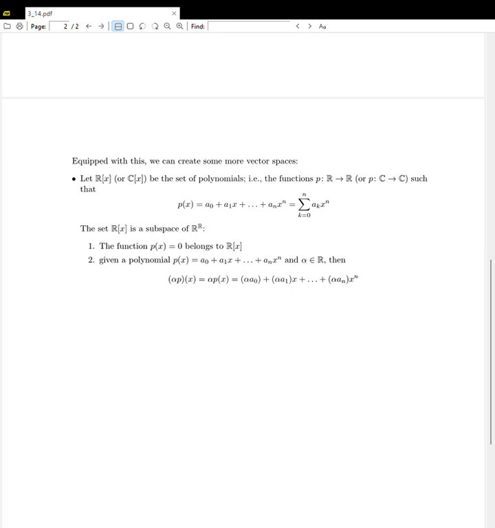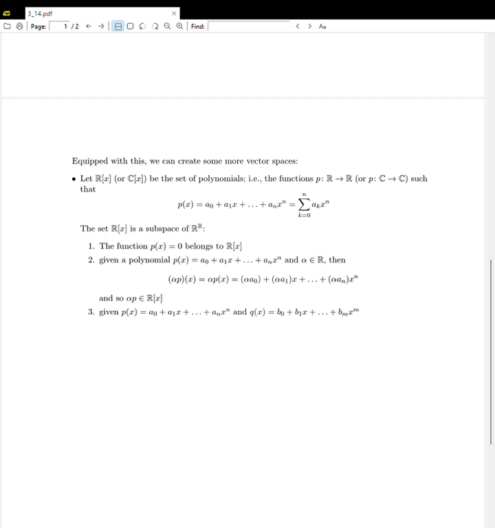Alright, as we noted, scaling functions works as it did from our calculus days, and here we see if you scale a polynomial, it remains a polynomial. And then finally, if I take two polynomials, now here's where we are going to have to be a little bit careful. If I take two polynomials, note that their degrees do not need to be the same.